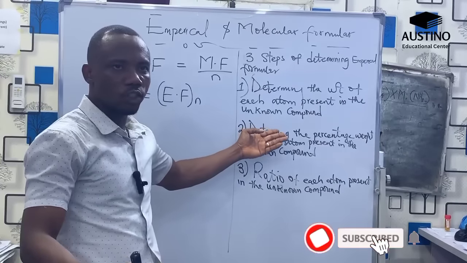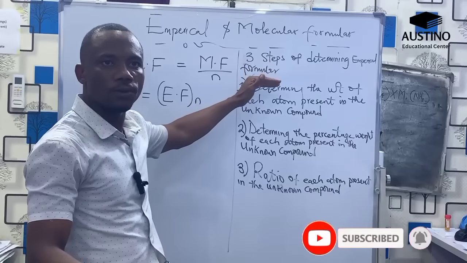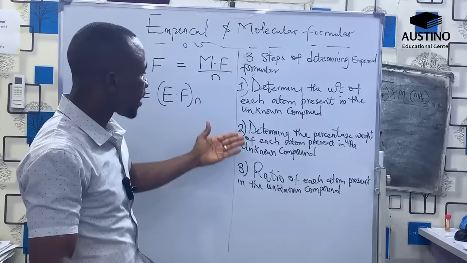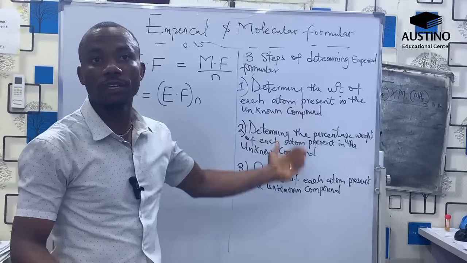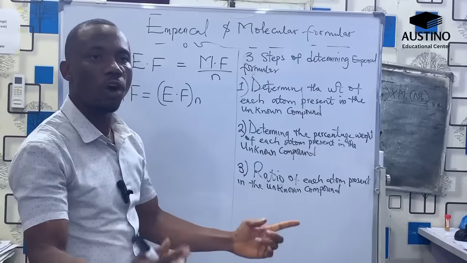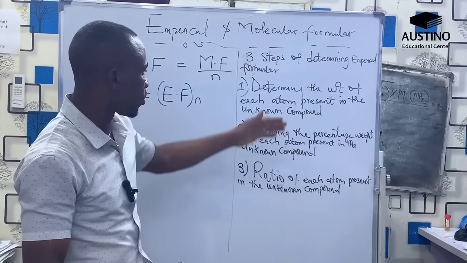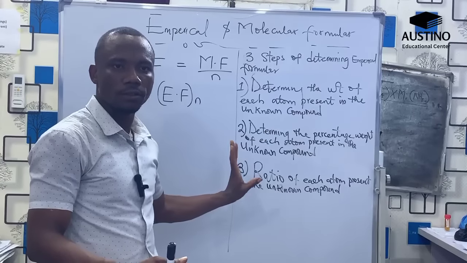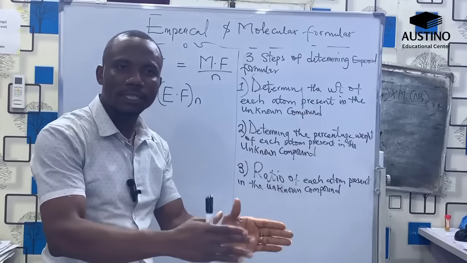So you have to find the percentage. So number 1 is already solved for you, depending on the nature of the question. Sometimes they have already given you the percentage of each atom present in the compound. Of course, they have solved 1 and 2 for you. You are left with just number 3, which is the ratio of each element present.